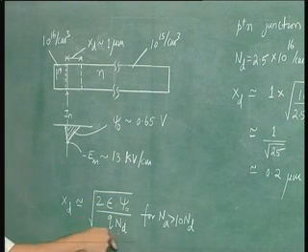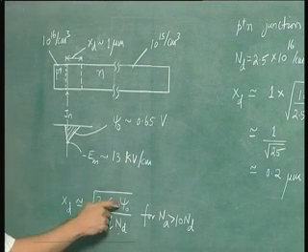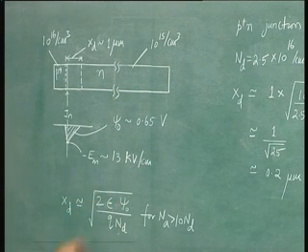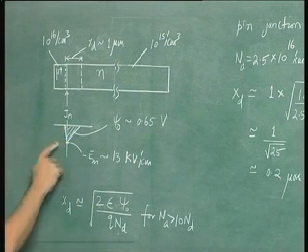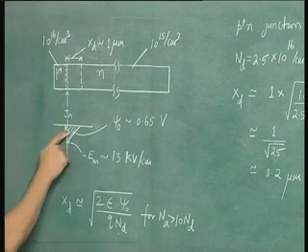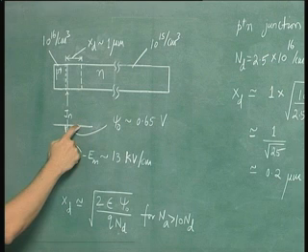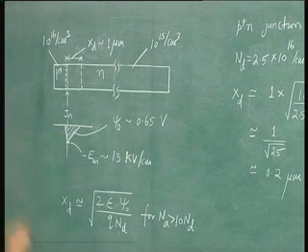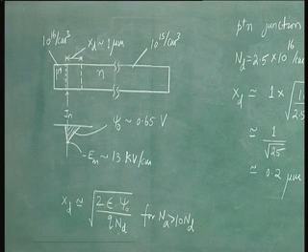Now to get the correct dimensions, you can see that the dielectric constant should appear along with the potential. This factor of 2 comes because the electric field has a triangular shape, and the area under the electric field consists of a half term, half of depletion width into the peak electric field. So that half is coming here on this side as a factor of 2, and then you have a square root.